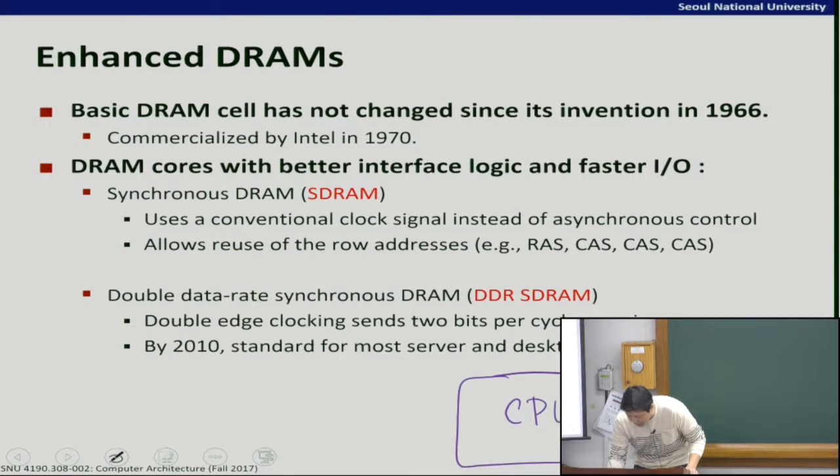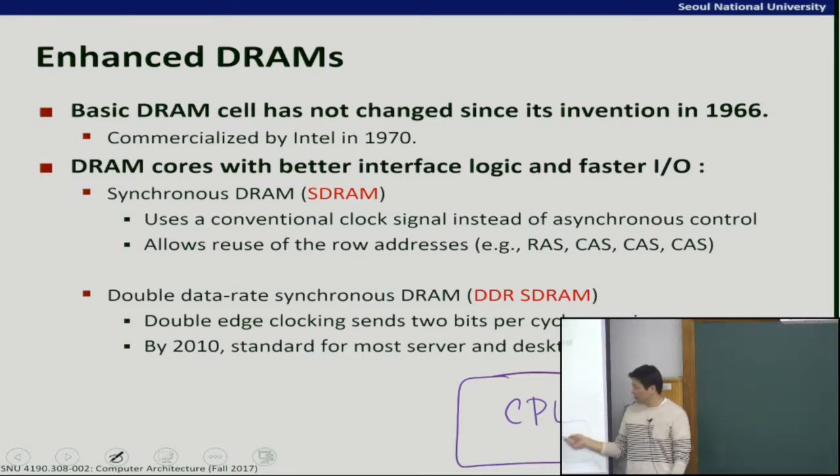And we also have a clock signal like this. You send the address on a specific clock cycle, and then the data comes back starting at a specific clock cycle.